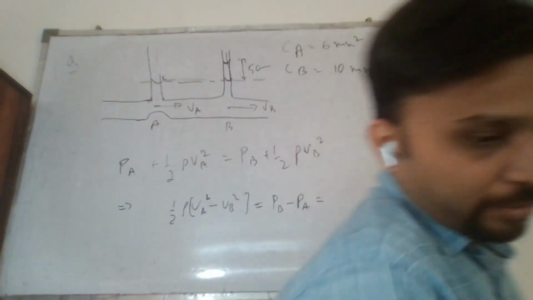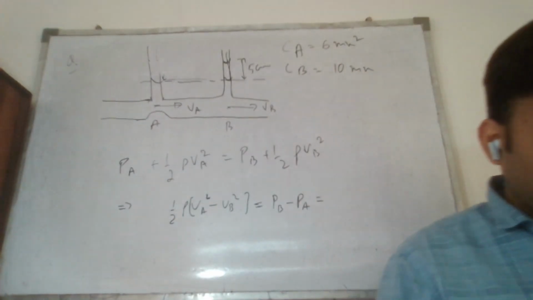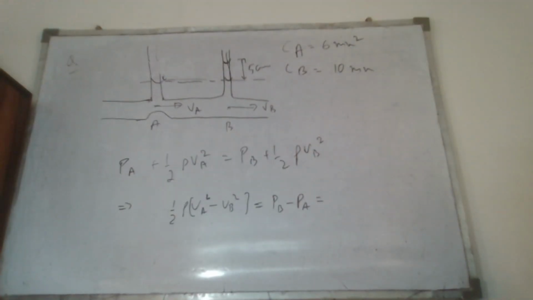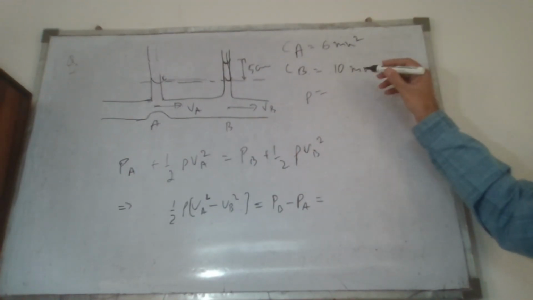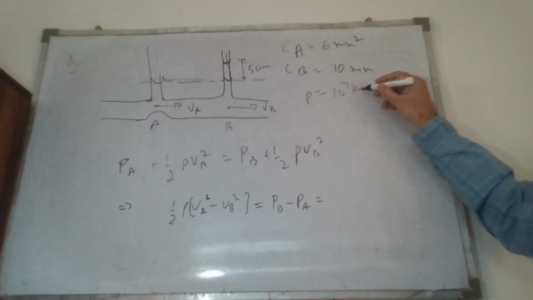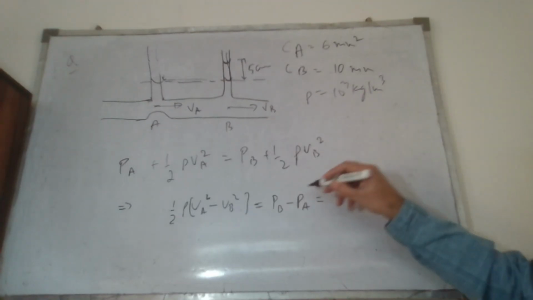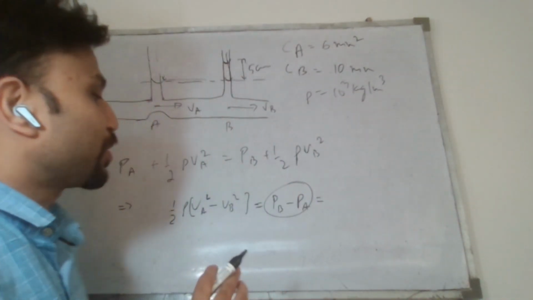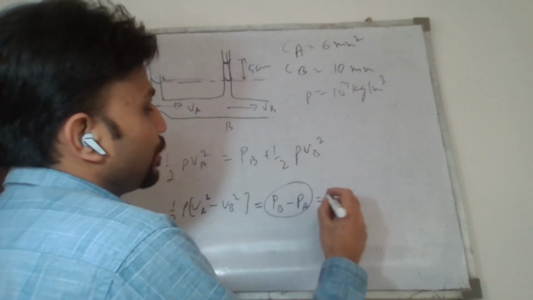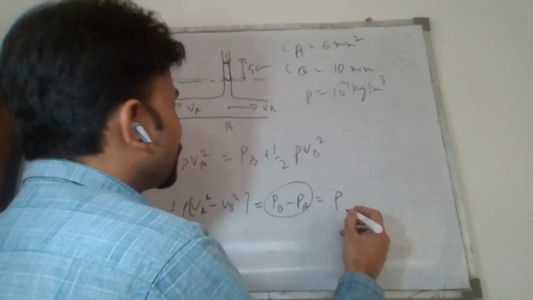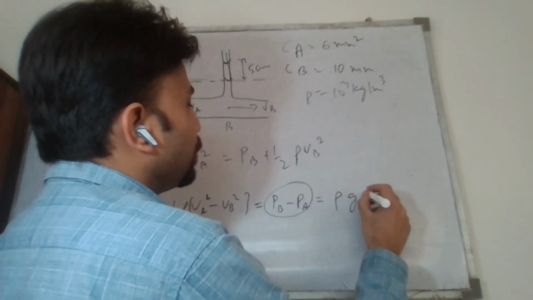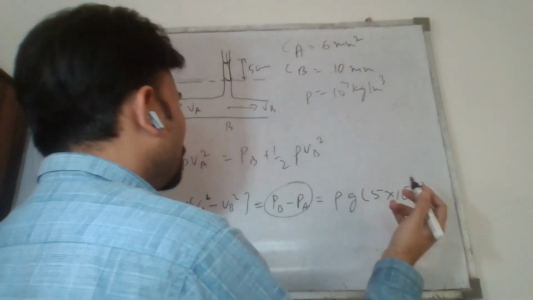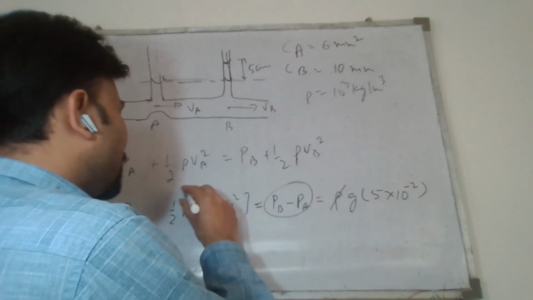So we have to find what is the rate of water flow through the tube. Density of water is 10 to the power 3 kg per meter cube. The pressure difference is simply rho, that is density of water only, g into 5 centimeter, which means 5 into 10 to the power minus 2. So basically everything rho will cancel out.